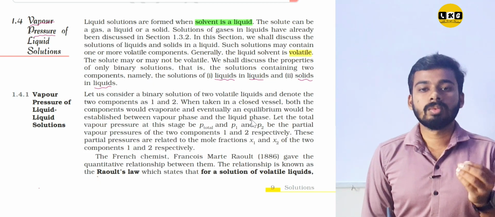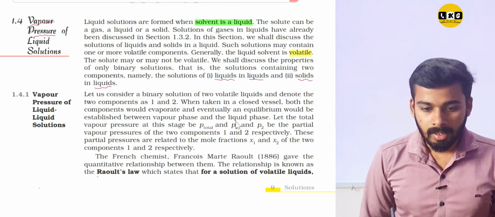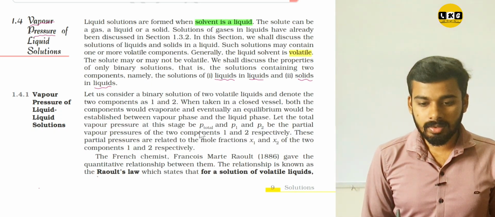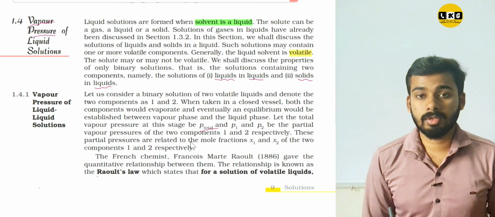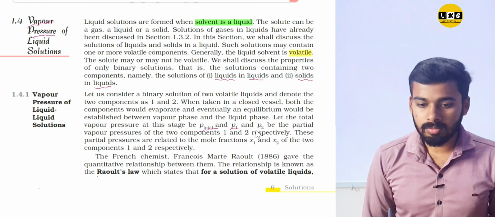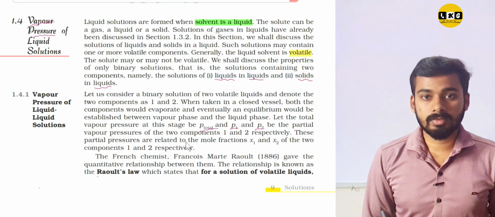Since they are volatile in nature, both components get evaporated easily. At this stage, the vapor pressure will be P total. Let us denote P total as the vapor pressure of the overall solution, and P1 and P2 be the partial vapor pressures of the two components.